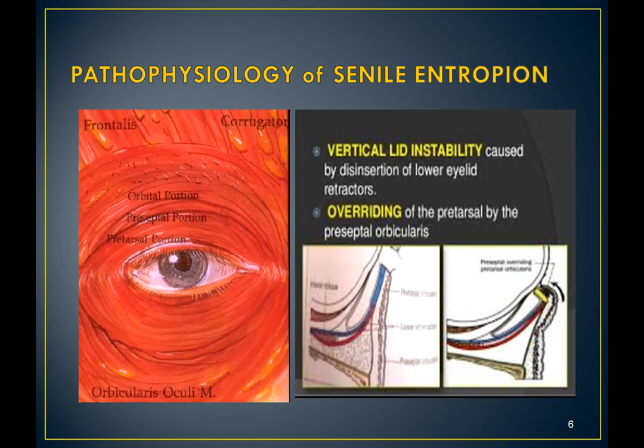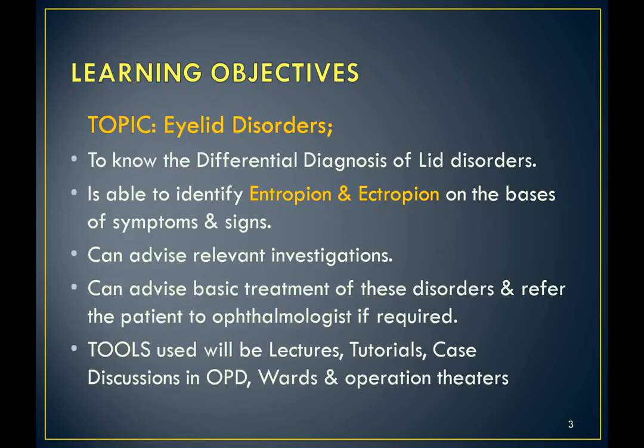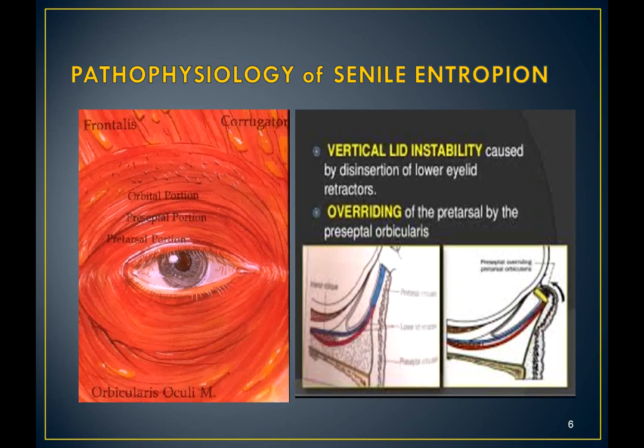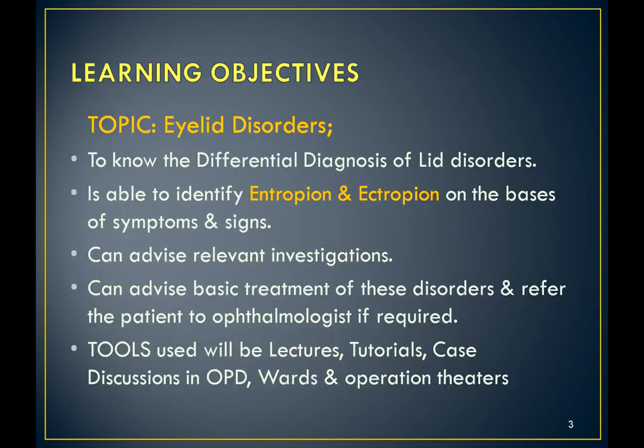So both of these, this aponeurosis as well as the orbicularis oculi muscle, get weak, and as a result vertical as well as horizontal lid stability suffers and the eyelid margin becomes everted, as seen in this picture of senile ectropion.